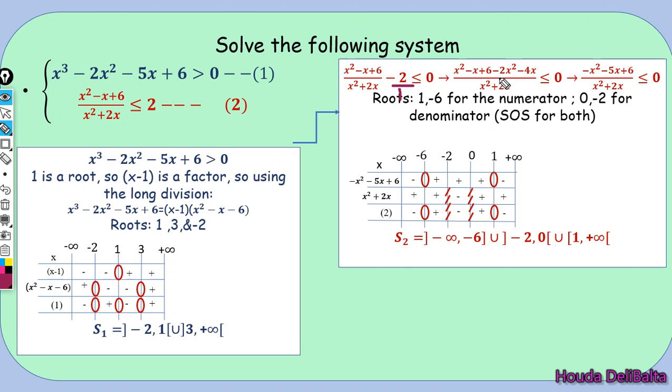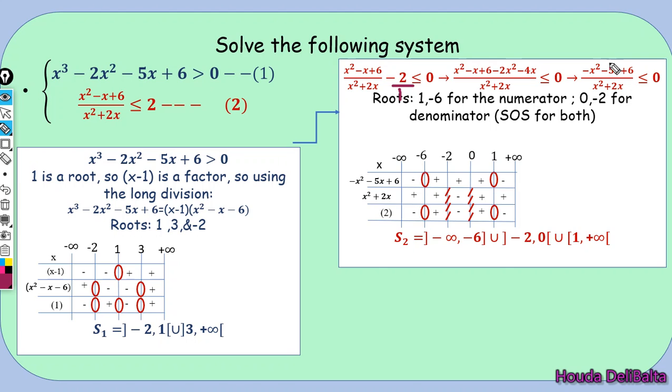So we get minus 2x squared and minus 4x. Now the numerator becomes minus x squared, minus x and minus 4x is minus 5x, and plus 6 is kept as it is, over the denominator, which is x squared plus 2x.